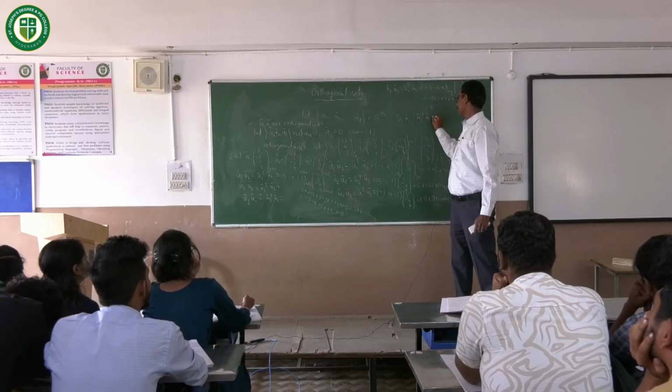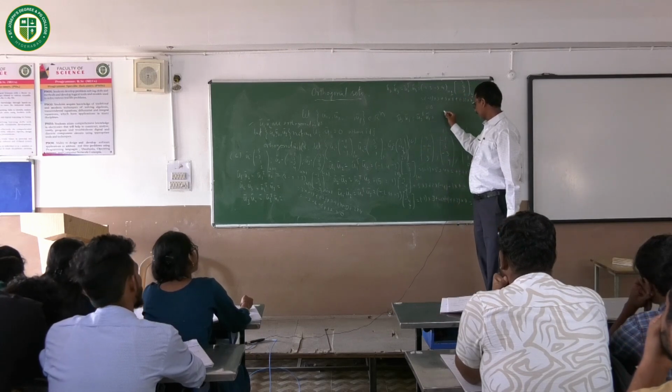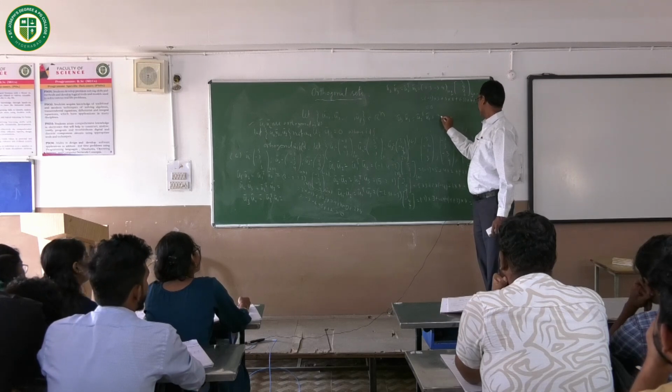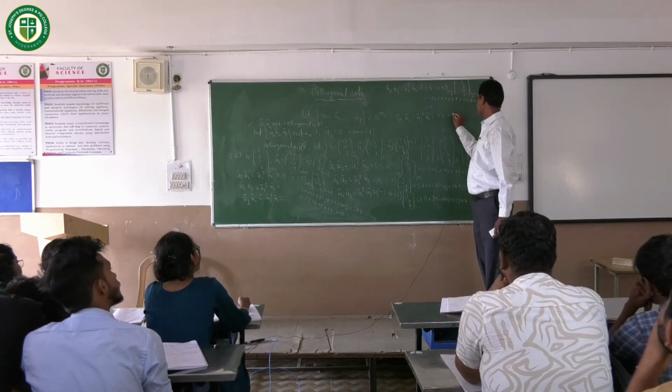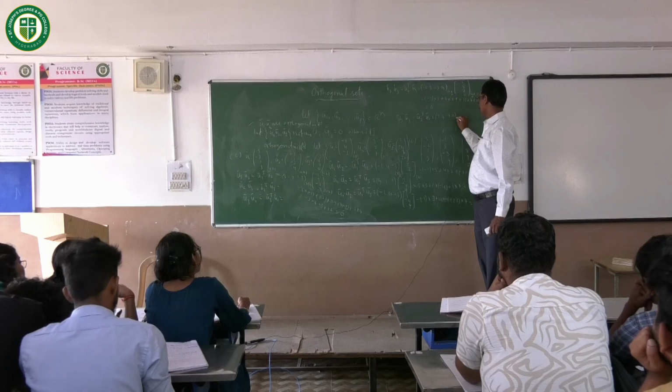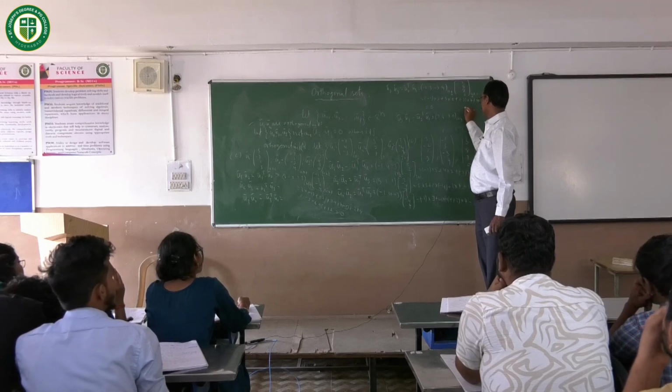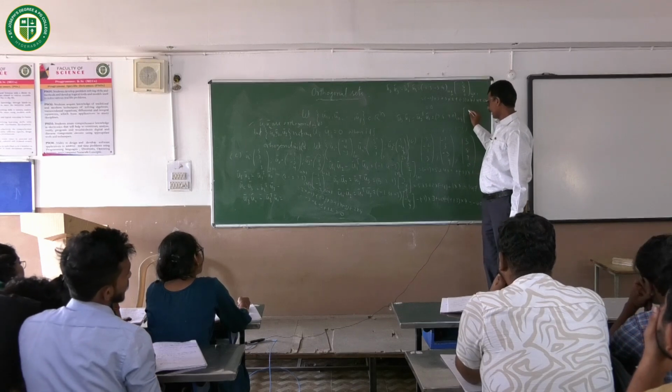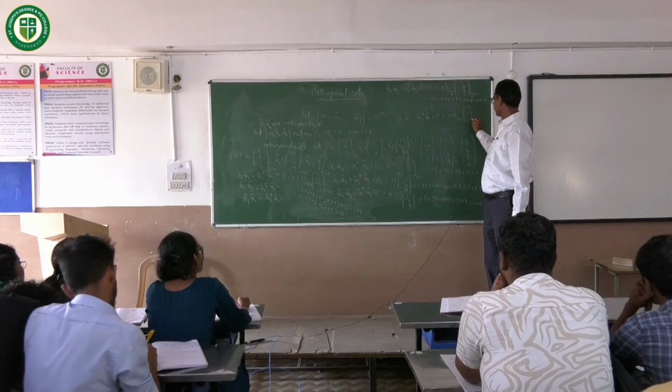Then go for the last one, u3 bar into u1 bar, that is equal to u3 bar transpose into u1 bar. Again you write u3 bar as 3, 8, 7, 0, which is 1 into 4. Then multiply with u1, which is 3, minus 2, 1, 3.